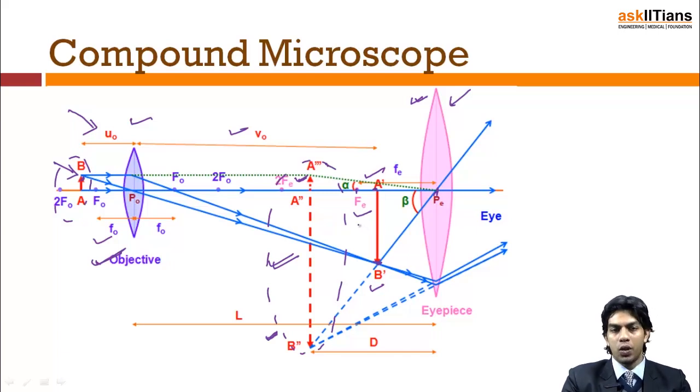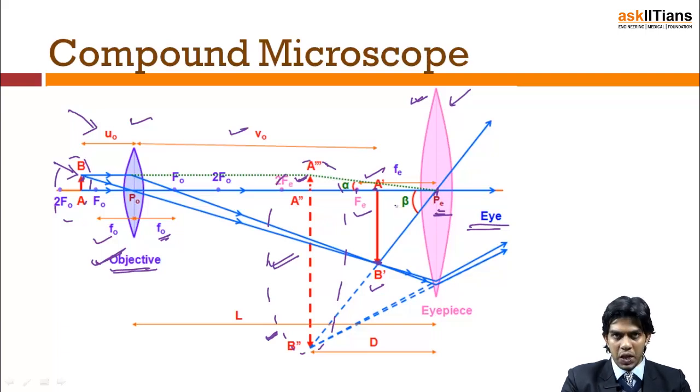Make sure that you keep in mind the different symbols used over here. Whenever there is a suffix o, it means I'm dealing with objective parameters. Whenever there is a suffix e, it means I'm dealing with the parameters associated with the eye. So let's find out the magnification and other parameters which we can use to describe how good my compound microscope is.